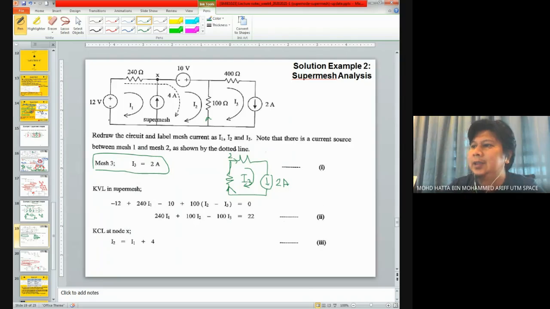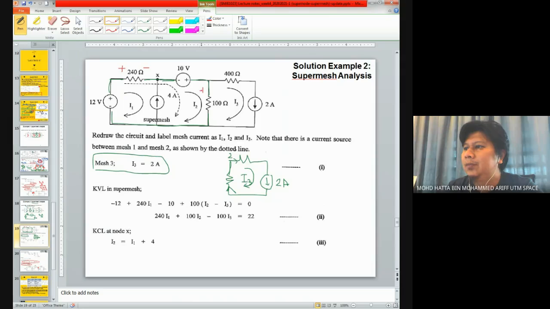KVL in the supermesh, looking at the supermesh, which is this side, this one, this one, this one. Maybe I'll remove this first. This one. Okay, the green line, yeah. Looking at this loop, first of all, you need to determine the polarity of the voltage drop across each resistor.